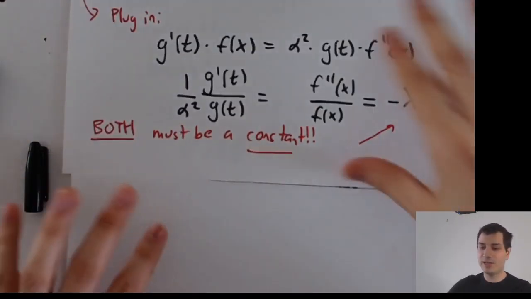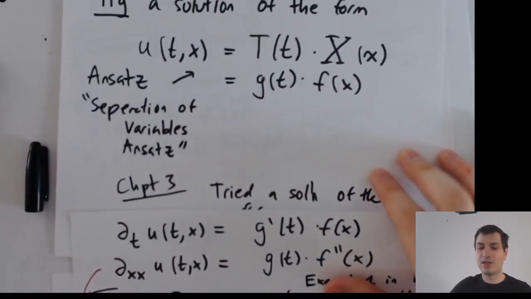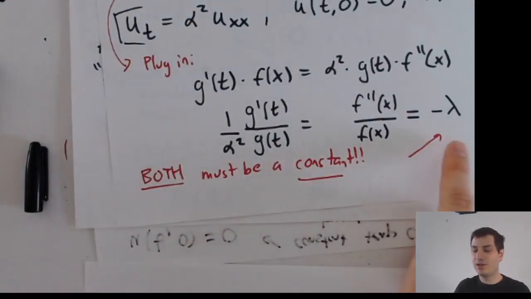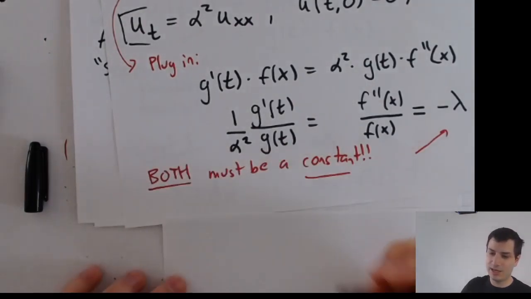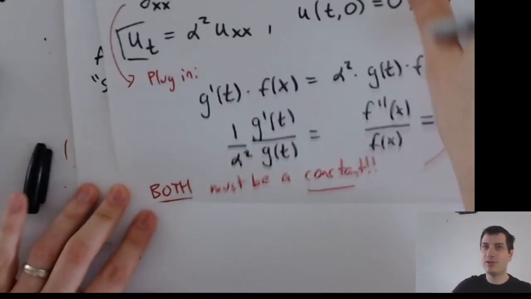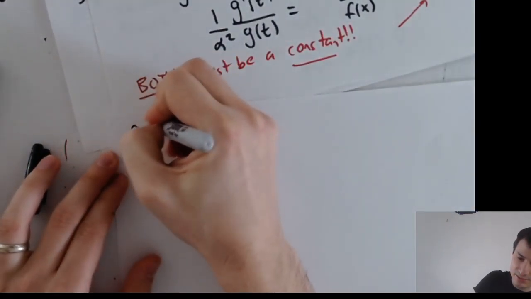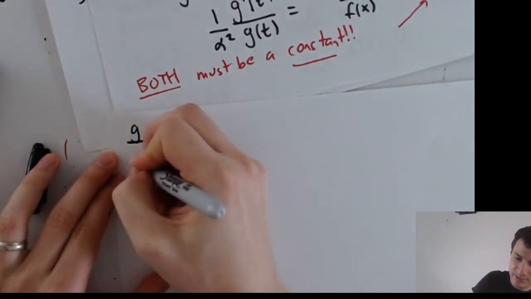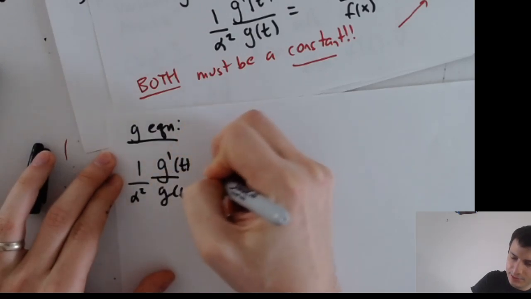So far, what have we done? We had this idea, try this separation ansatz. We plugged the separation ansatz into the equation, and we have two equations, one for g and one for f. So we have a g equation and an f equation. The g equation says g prime over g, times 1 over alpha squared, equals minus lambda.